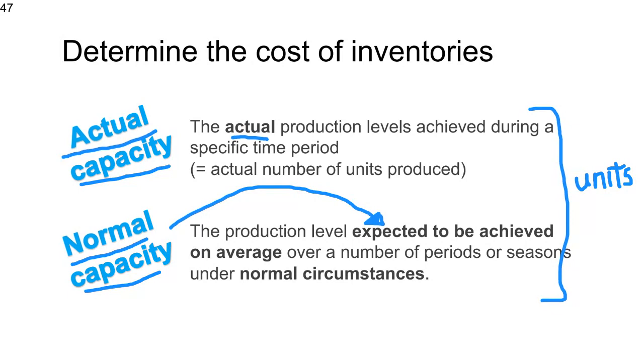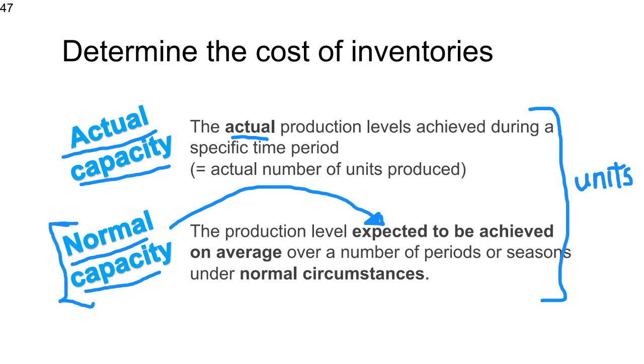Because remember, the fixed costs are easy to predict. Why? Because they're fixed. They're not going to change. So at the beginning of the year, we can say, okay, I think this is how much rent is going to cost me for the year. That's an easy thing to predict because it's not changing with production. And then I allocate it to individual units based on the normal capacity.